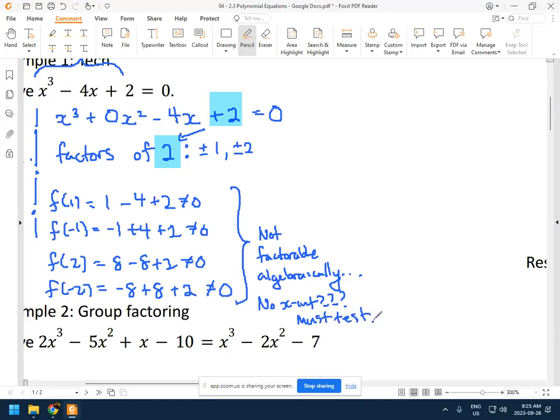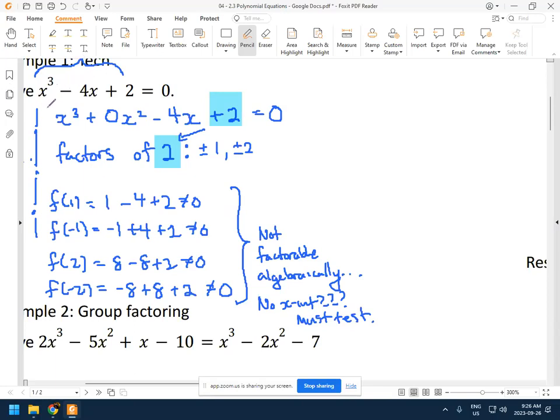I'm going to use technology. Since we can't do it by writing, let's take a look at what it looks like. Because how do I know there must be an x-intercept? At least one. How do I know that? Yeah, it has to cross that line somehow. But I can't factor it. So what's the deal? Well, I've got Desmos with me.